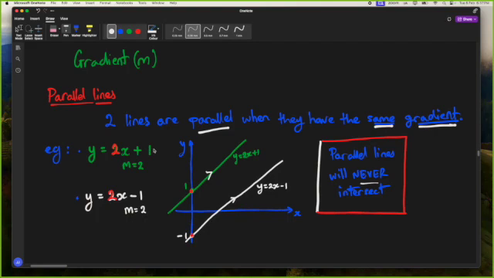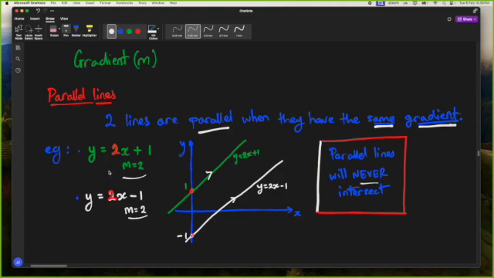So I have two lines here. You can see the green line is the line y = 2x + 1, so it's cutting the y-axis at +1. And I have this line, y = 2x - 1, so it's cutting the y-axis at -1. They both have a gradient of 2.